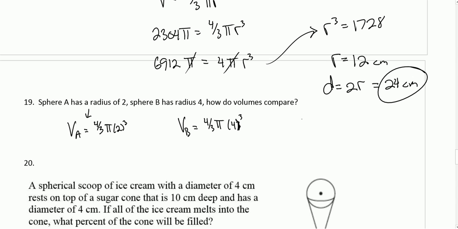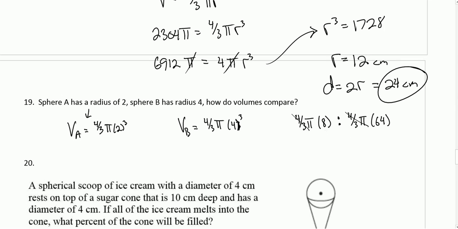And if we compare these volumes, let's say the larger to smaller, I'll put it in a ratio form. So 4/3 pi times 8 compared to 4/3 pi times 64. You can divide both sides by 4/3 pi.